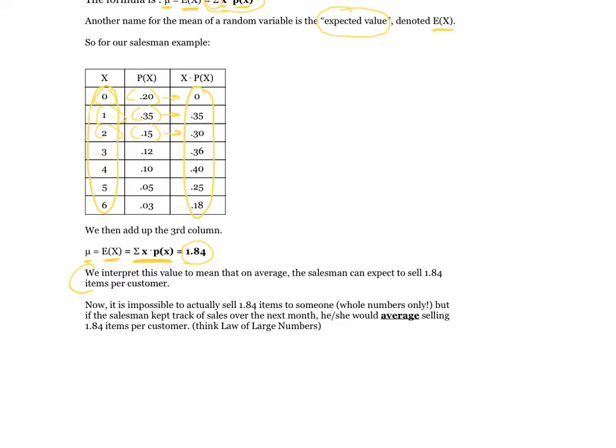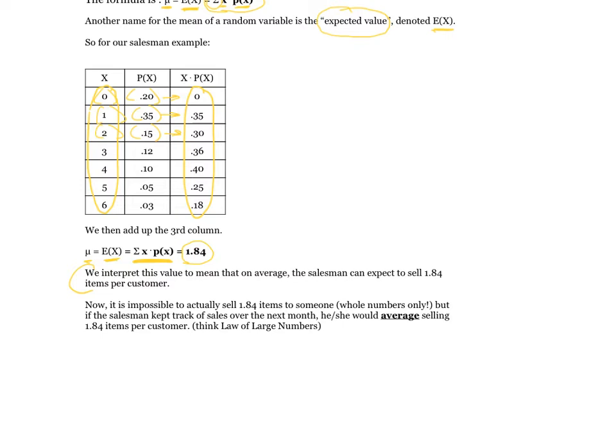So what does this mean? Well, the bottom paragraph says it's impossible to actually sell 1.84 items to someone. You can only sell whole numbers. But if the salesman kept track of sales over the next month, he or she should average selling 1.84 items per customer. You can think back to the earlier probability units with the law of large numbers.